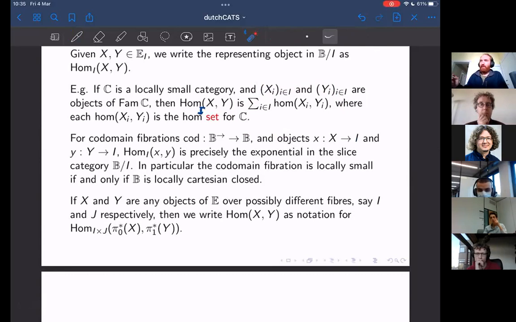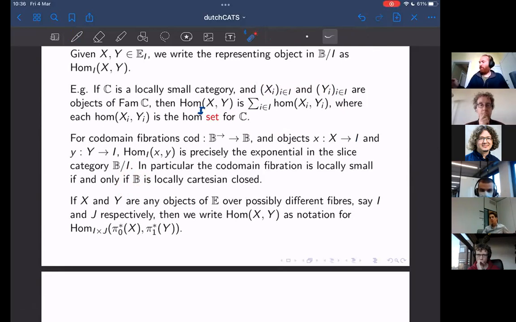However, for codomain fibrations, it looks very different. In this case, it's still locally small as long as the category B here is locally Cartesian closed.